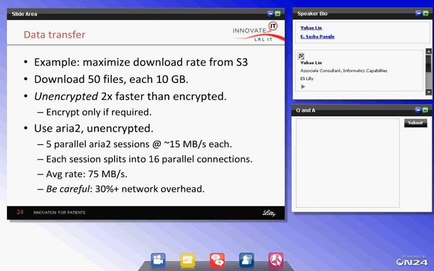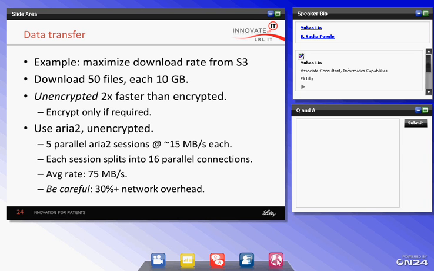But then each of those sessions splits into 16 parallel connections. That's actually configurable. You can have more than 16 or less than that. But 16 has worked well for us. So you're getting an average total speed of 75 megabytes per second. This is a sustained rate. So you can finish those 500 gigs pretty quickly, a few hours.